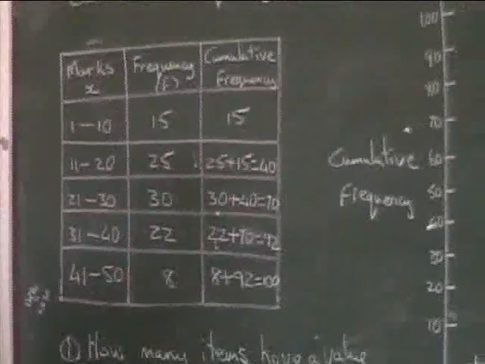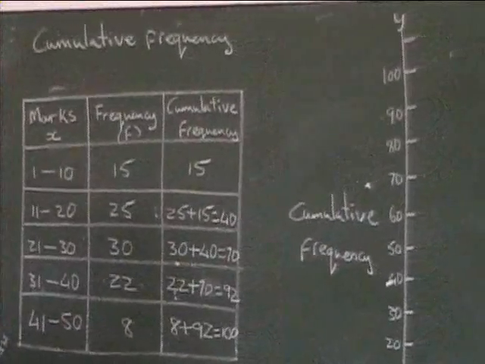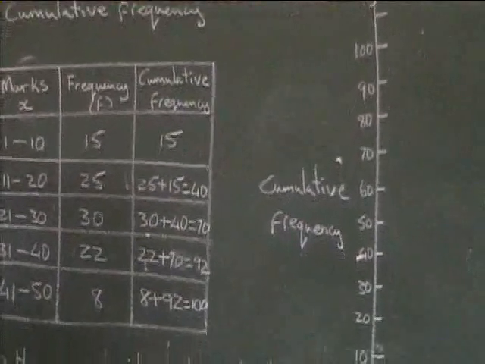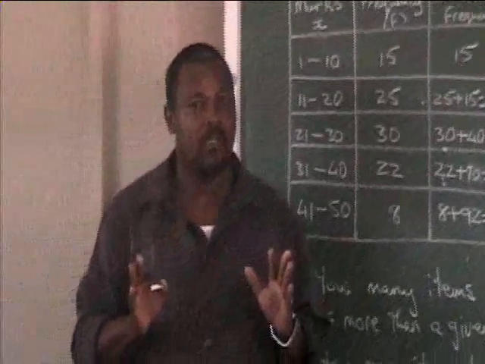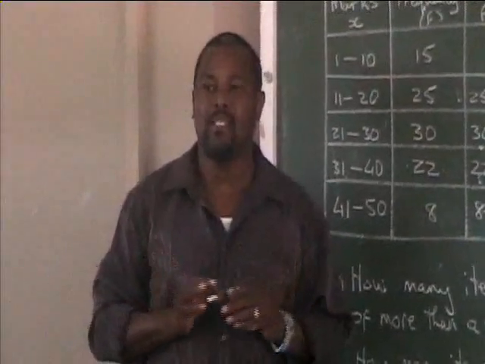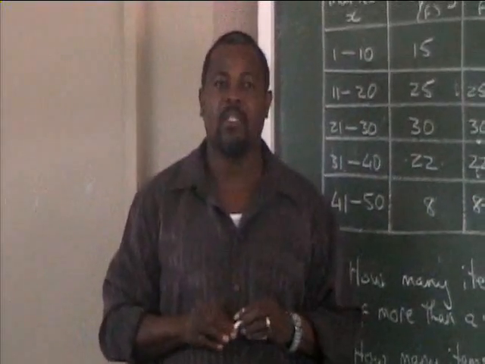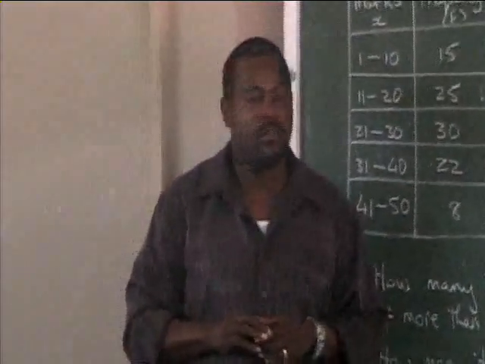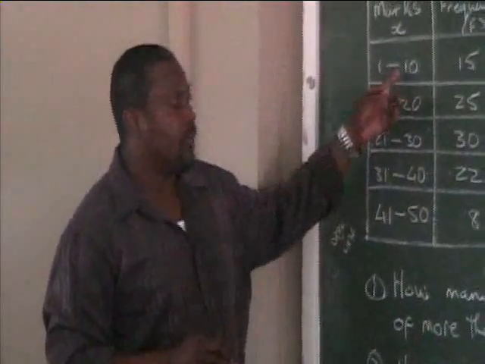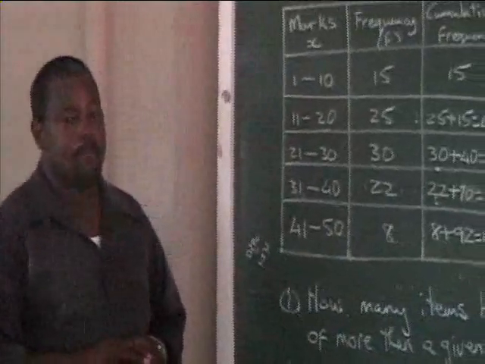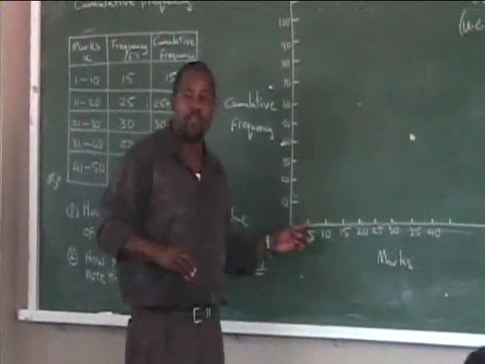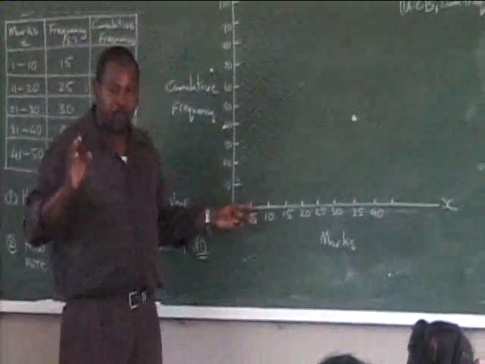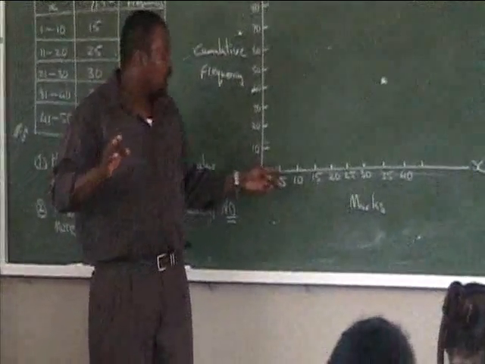So, where is 10.5? Now I'm going to remind you that because of the scale we use, it will sometimes be difficult to obtain the 10.5. The scale we use on the x-axis here is 1 centimeter to 5 units. That was the prescribed scale.